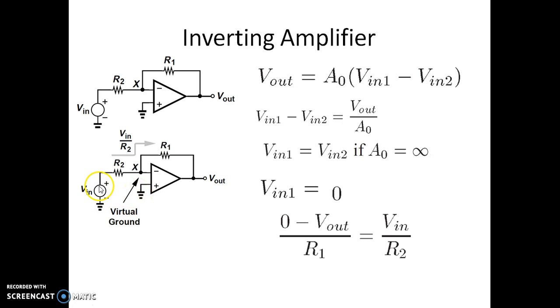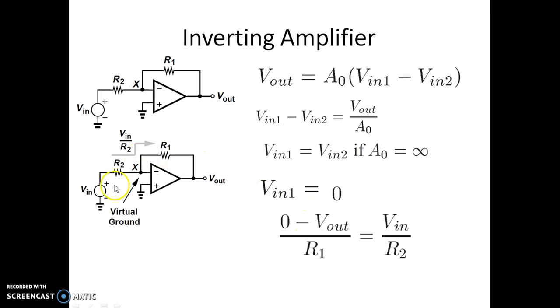Because this is ground, the voltage at this point is also 0. So we can find the expression for the output voltage to input voltage by equating the currents flowing in this arm. The current flowing through R1 is nothing but 0 minus V out by R1.